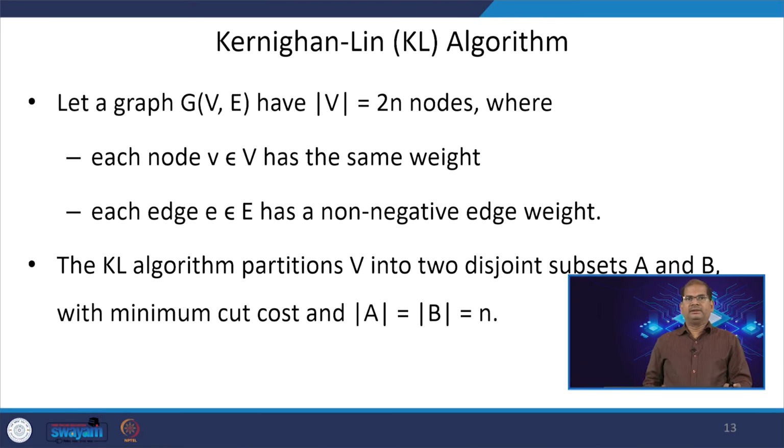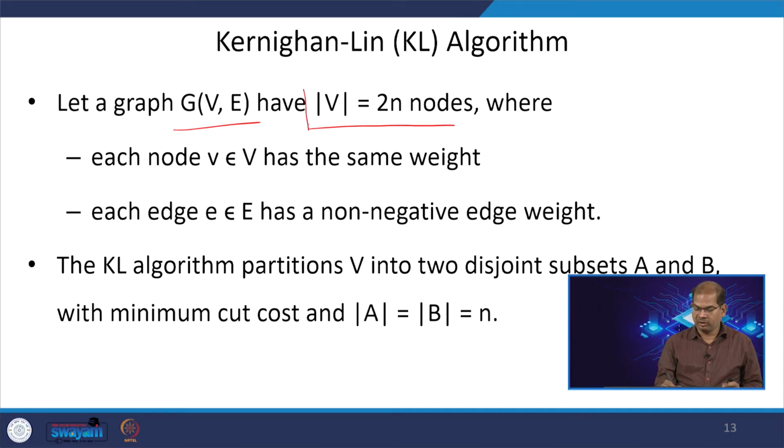So, now we will discuss the KL algorithm in detail. In the KL algorithm, we need to represent the netlist, the logic gates or the components with the nets, as a graph G(V, E), where the mod of V is 2n.